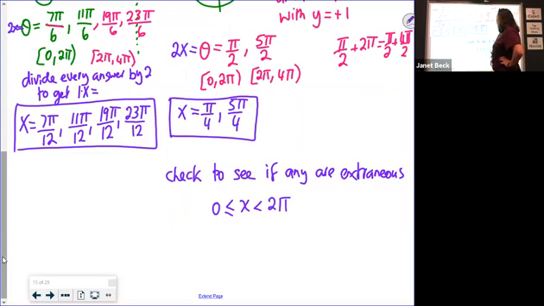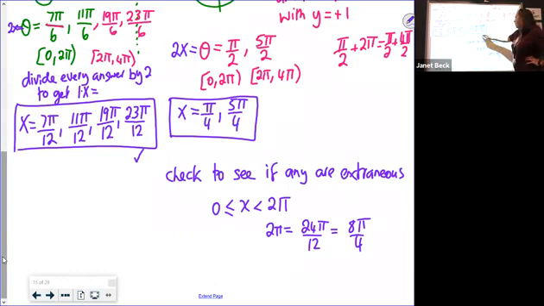Are they all less than 2 pi? Well, 2 pi is the same as 24 pi over 12 or 8 pi over 4. Look at your biggest angle. 23 pi over 12 is definitely less than 24 pi over 12. 5 pi over 4 is definitely less than 8 pi over 4. Okay, I was just writing equivalent fractions for this bit at the end. That's all I was doing.